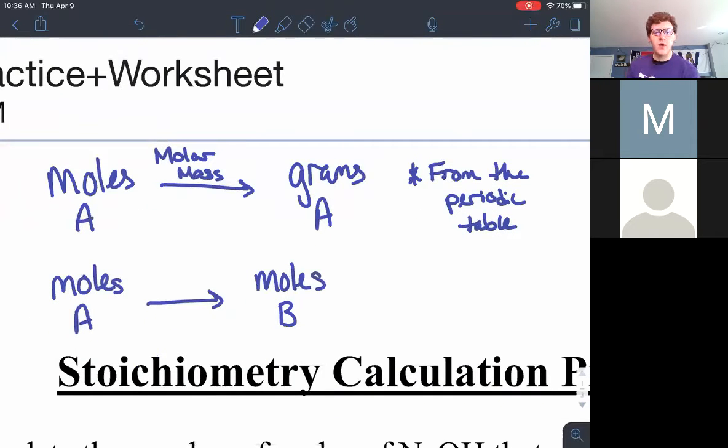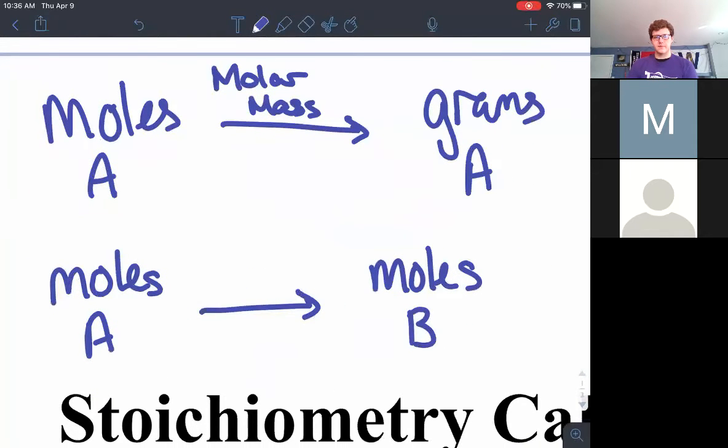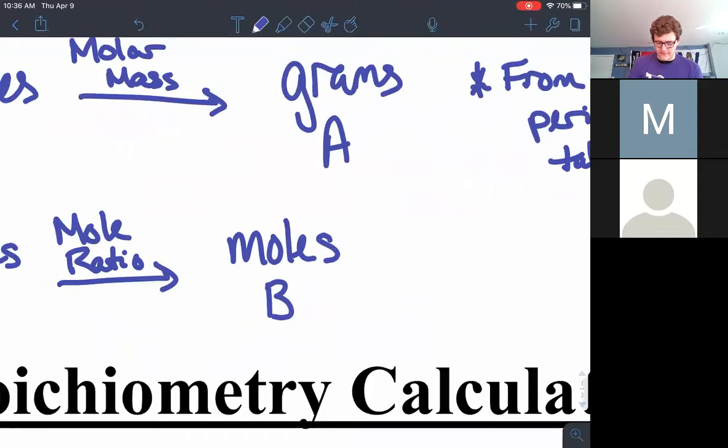And how do you go from moles to moles? The mole ratio. Do you remember where you get the mole ratio from?